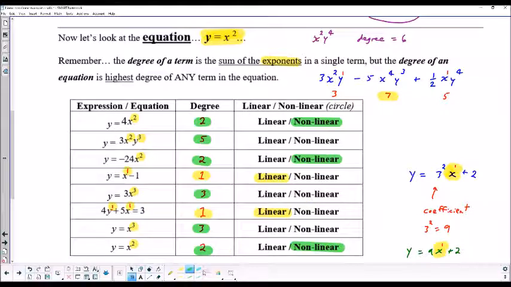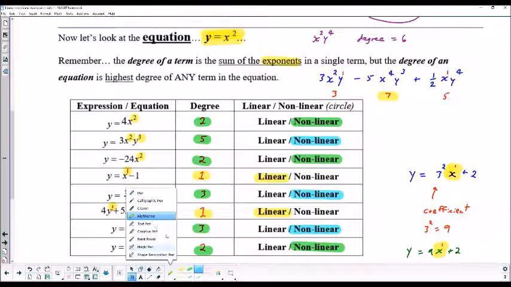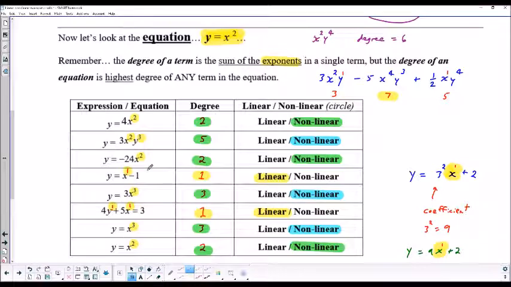And I would then, of course, hazard a guess that anything that's not 1 would be nonlinear. So a degree of 3, well, a degree of 3, this graph here, would kind of look like this. Okay, that one kind of looks like that. This one actually looks exactly like that as well.